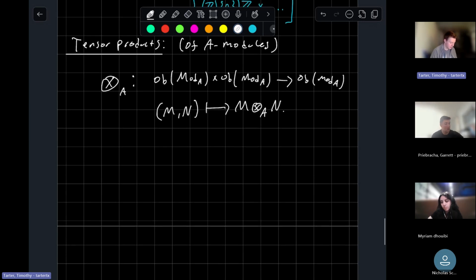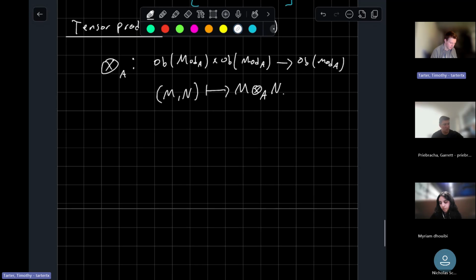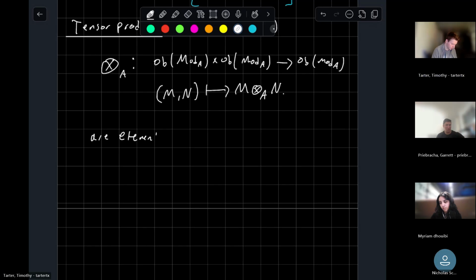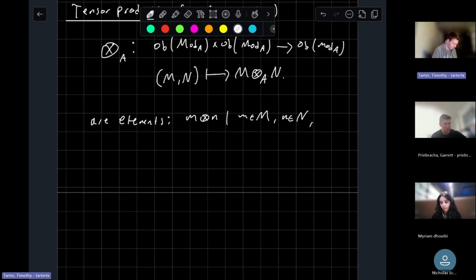Really, the elements of the tensor product of M and N are elements defined by M cross N, such that m is in M, n is in N, and arithmetic is subject to the following: (M1 plus M2) tensor product N is equal to M1 tensor product N plus M2 tensor product N on the right.